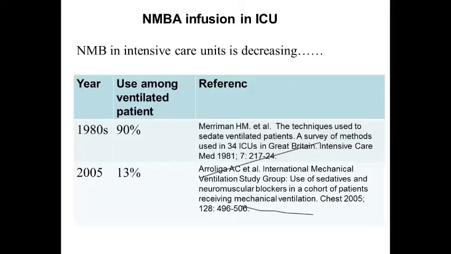In 2005, there were good articles showing that in one center there was a decrease to only 13% of mechanically ventilated patients on a paralytic agent. So there is a worldwide decrease in utilization of neuromuscular blocking agents. Unfortunately, we are still using a lot of paralytic agents in our ICU patients.